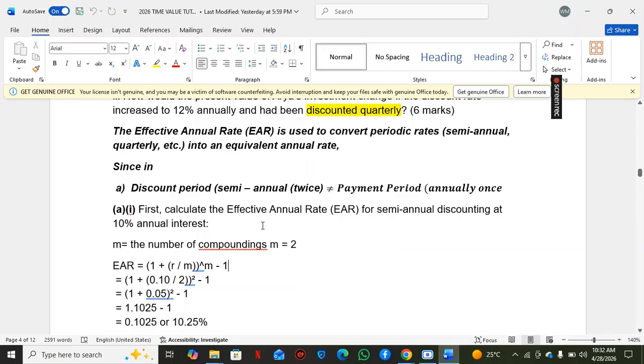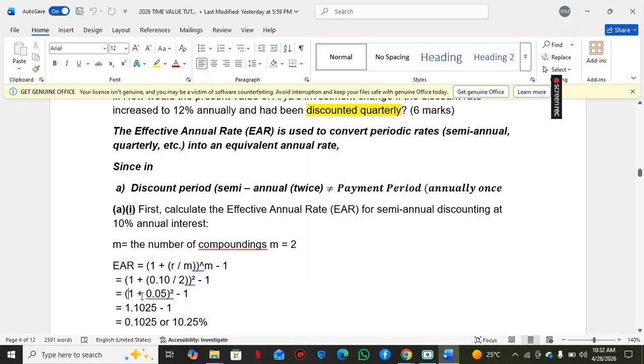So here, since the discounting period is semi-annual, the number of compoundings is 2. So you're going to say 1 plus the rate, which is 10%, converted to the decimal 0.1, divided by 2, raised to the power 2, minus 1. 0.1 divided by 2, that is 0.05.